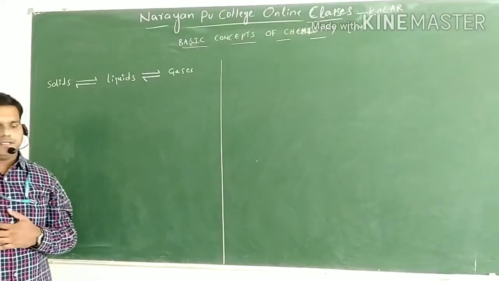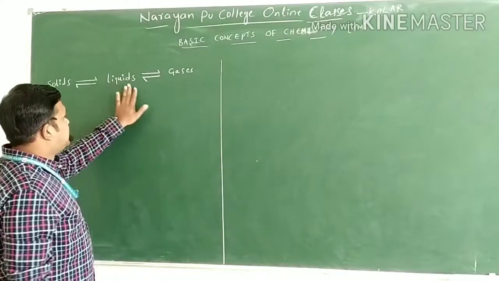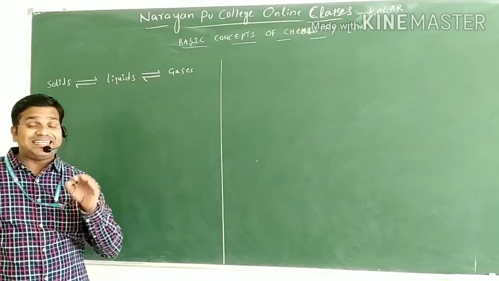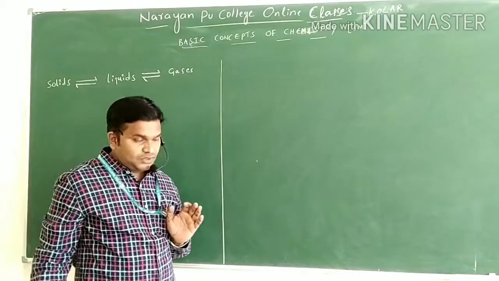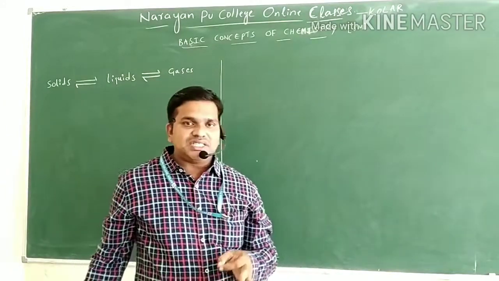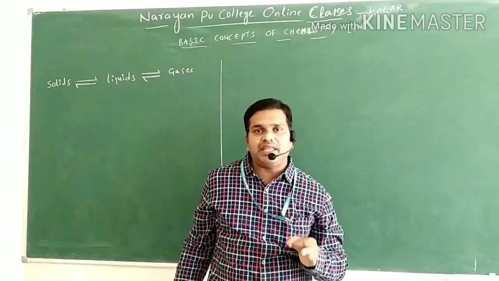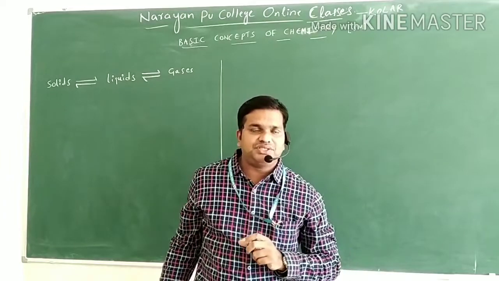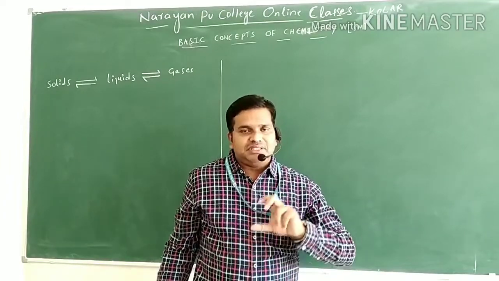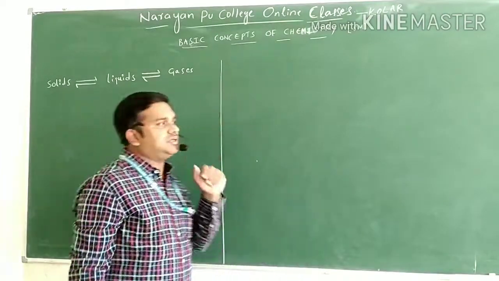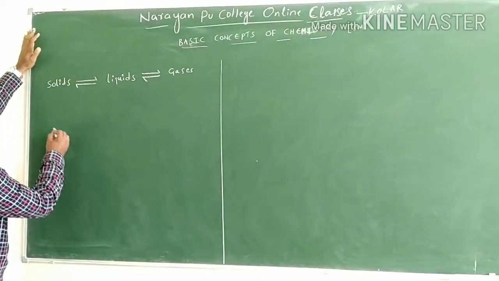Next, you can see these three physical states, solids, liquids and gases, are interconvertible. How are they interconvertible? We change conditions like temperature and pressure. If you increase the temperature or increase the pressure, these three physical states are readily interconvertible, by changing what conditions?